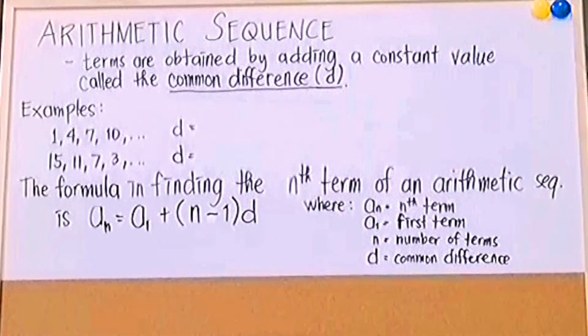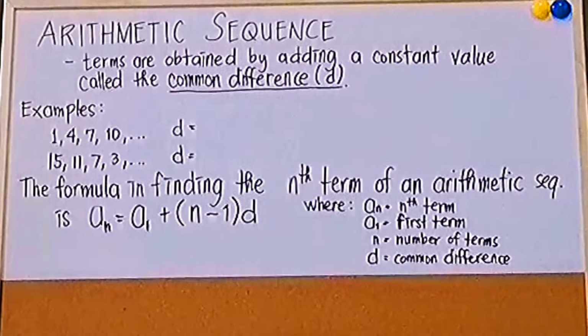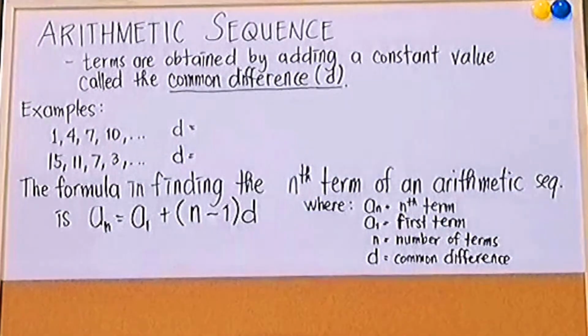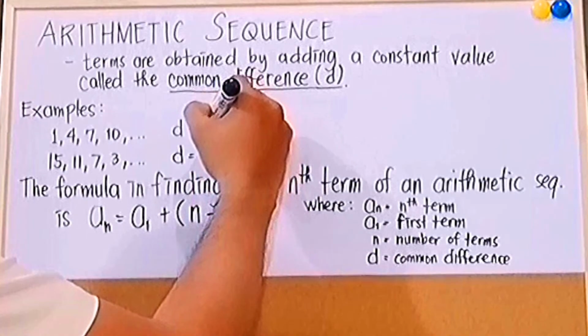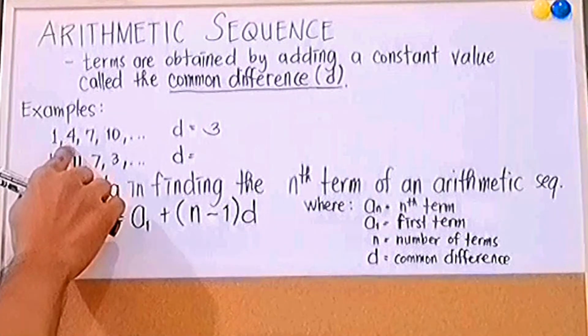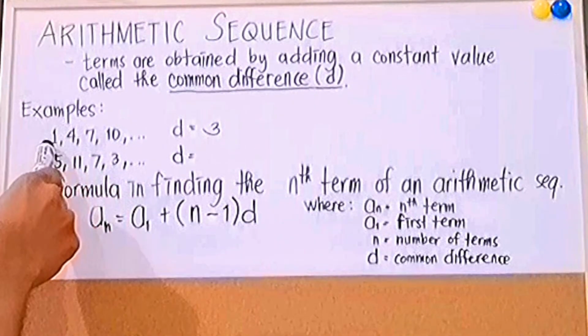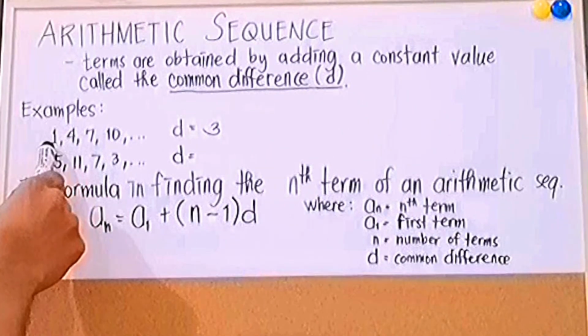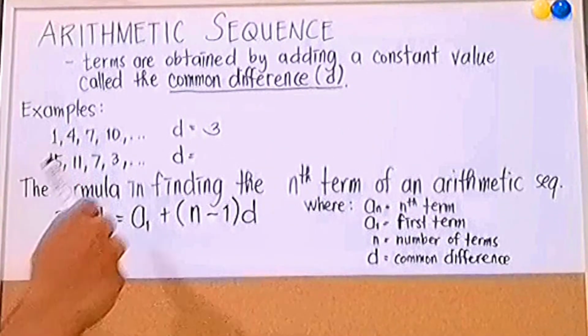First example, 1, 4, 7, 10, and so on is an example of an arithmetic sequence because it has a common difference, which is 3. And how did we get 3? We just subtract the second term with the first term. 4 minus 1 is equal to 3.